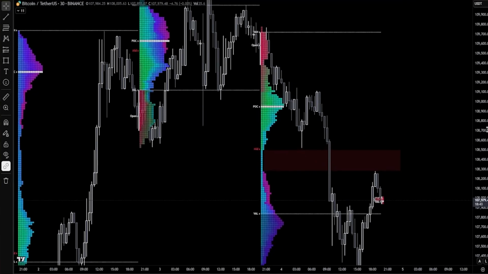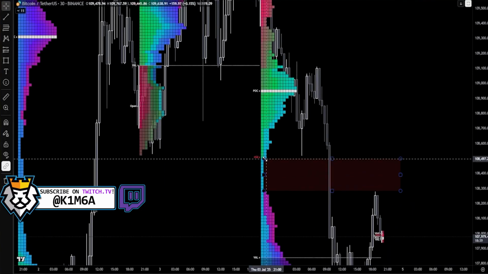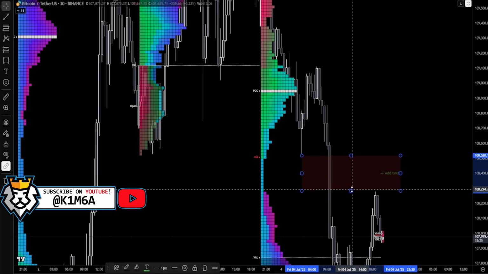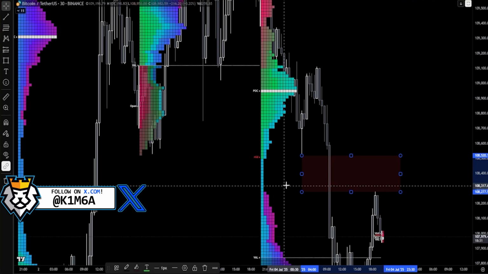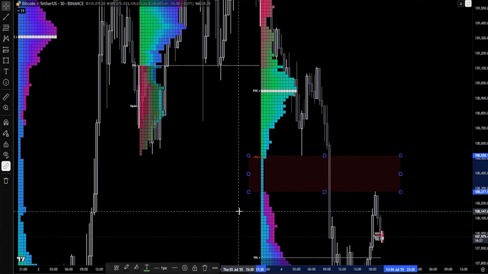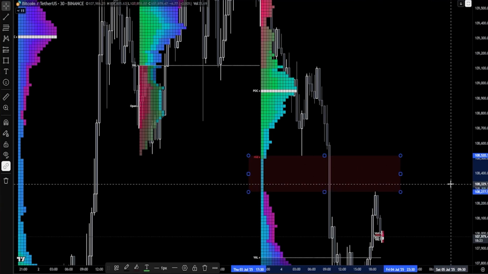And still it wasn't that far off from where the single print was. Now truly our single print is there to here. So it doesn't quite catch it perfectly, but it's close enough.